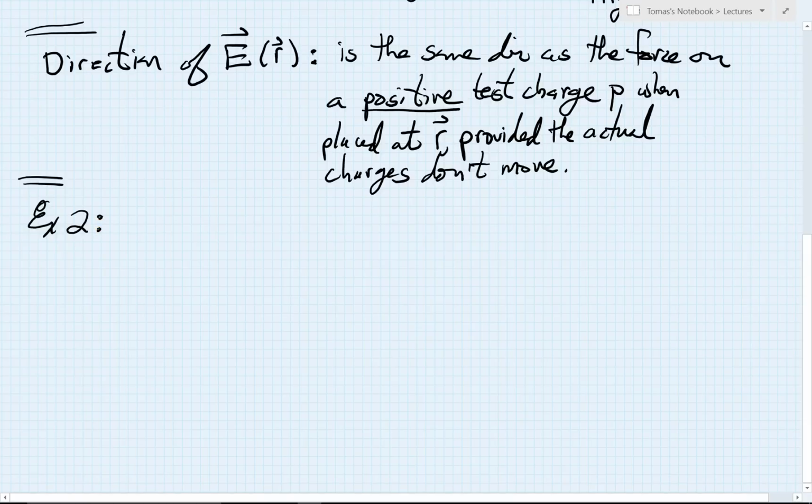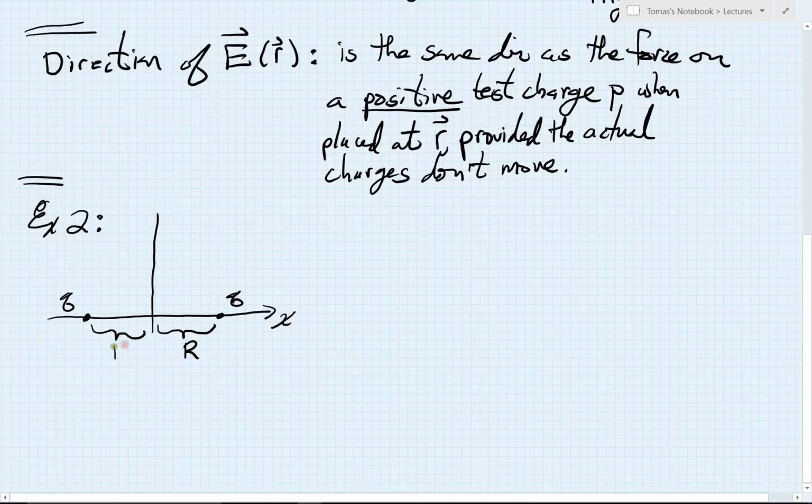In this example, I'm going to have an x-axis once again, and I will have my two charges again, Q and Q, each situated at equal distances but in opposite directions from the origin. I will again consider a point on the z-axis at a distance z up above that axis.